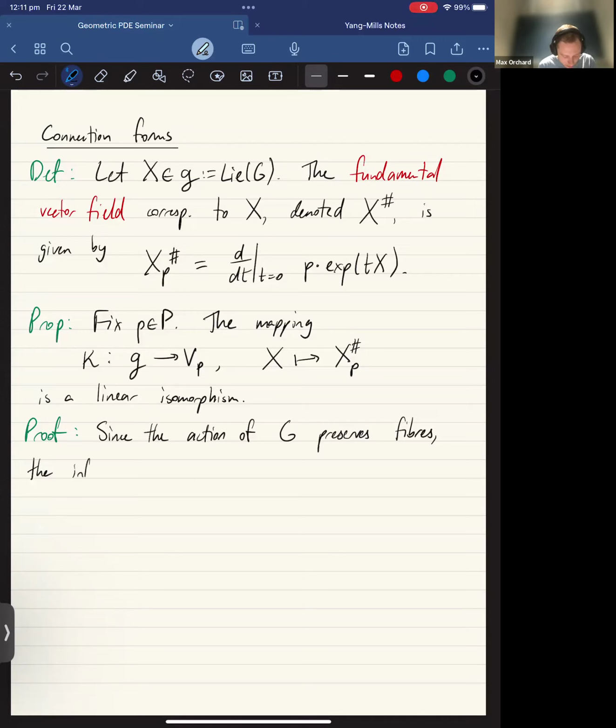The infinitesimal generators are tangent to the fibers, and that is exactly the statement that this lies in the vertical subspace.